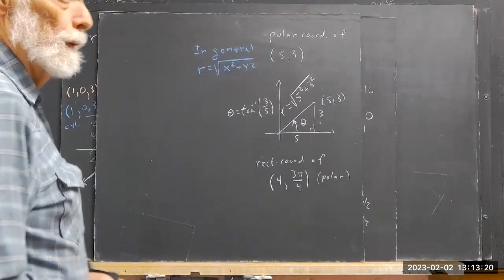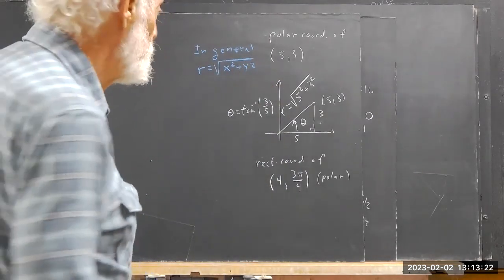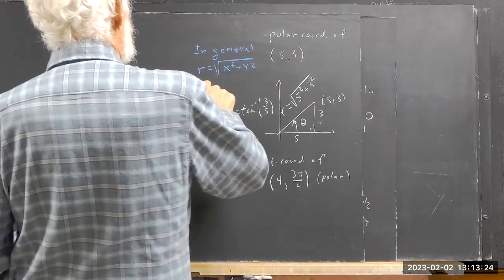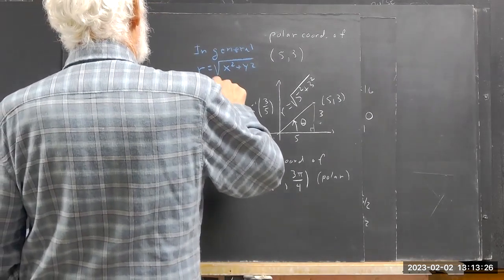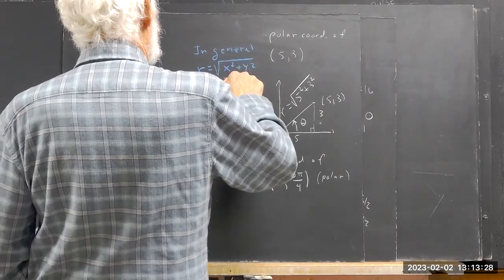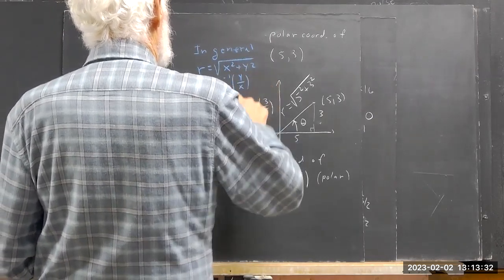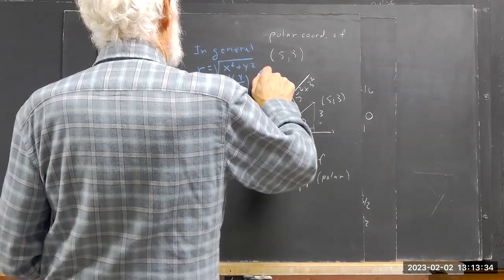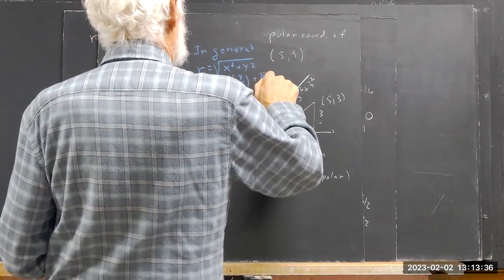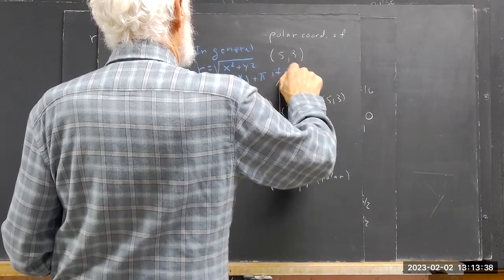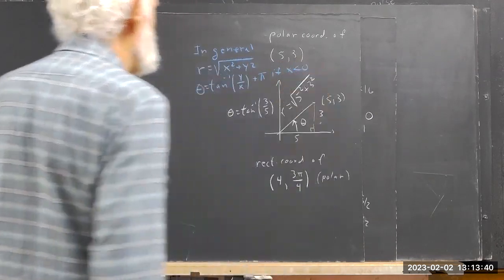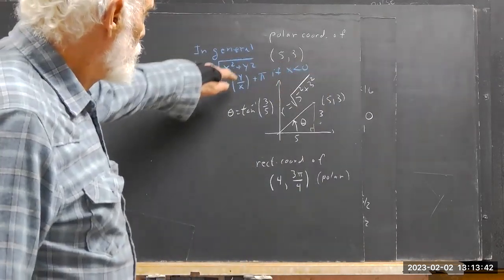R is the square root of x squared plus y squared, right? And theta I write like this: the arctangent of y over x.